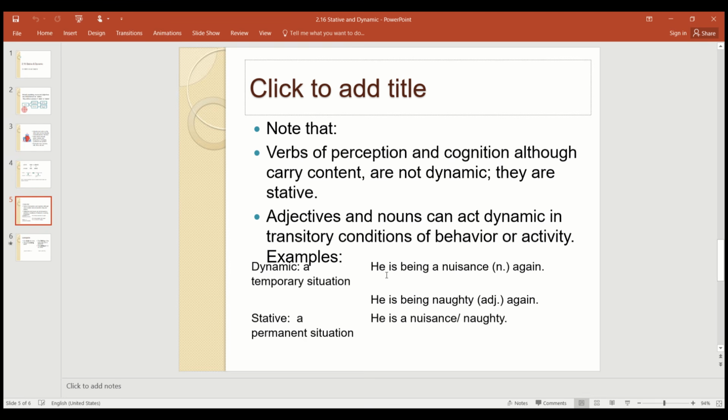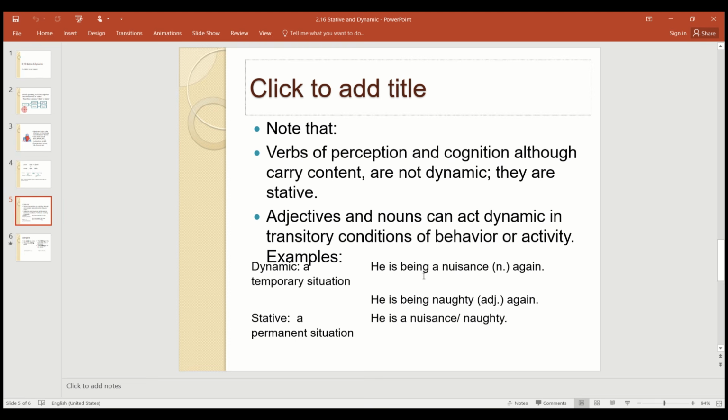The question is where are those dynamic situations? When do we consider a situation to be dynamic, and how can we consider it to be dynamic? It depends on the type of the verb in the sentence. So if you have a sentence which shows dynamicity, a temporary situation like this one, then the noun in this sentence would be dynamic: He is being a nuisance again.